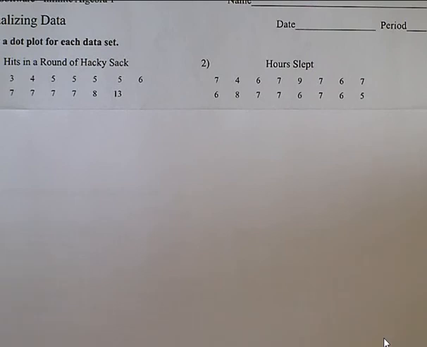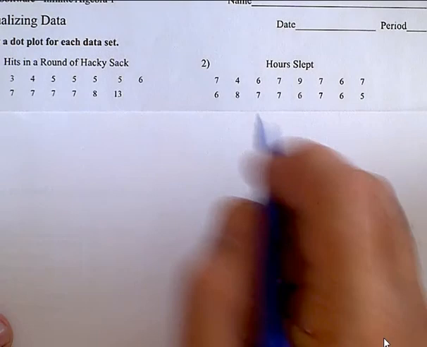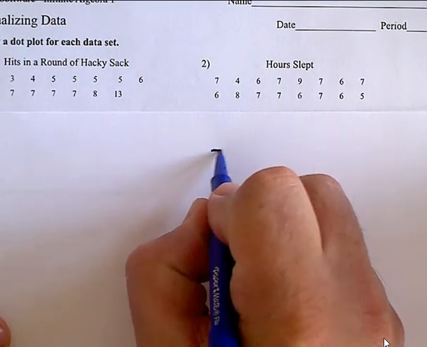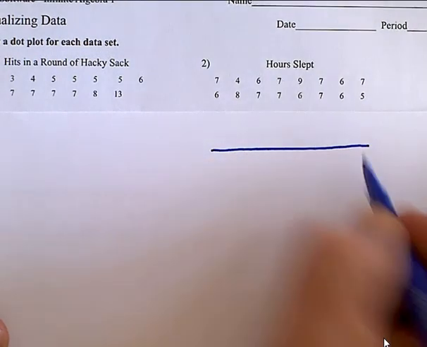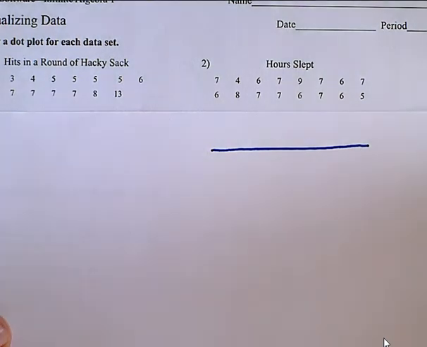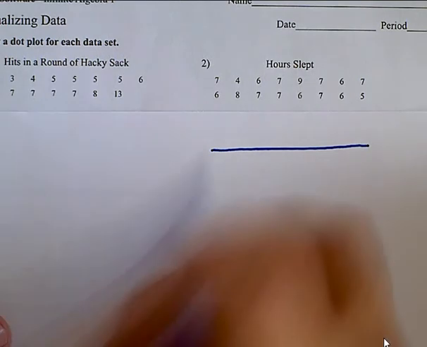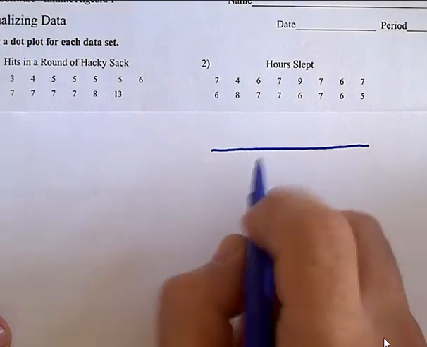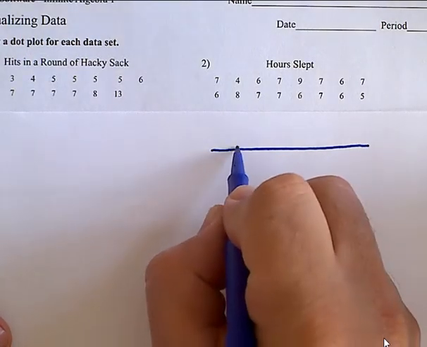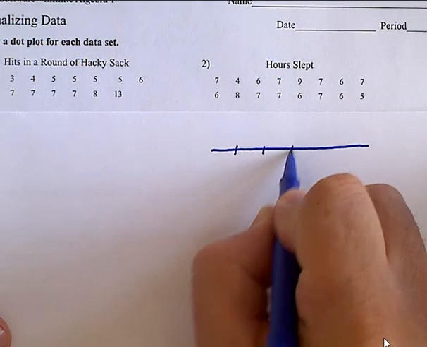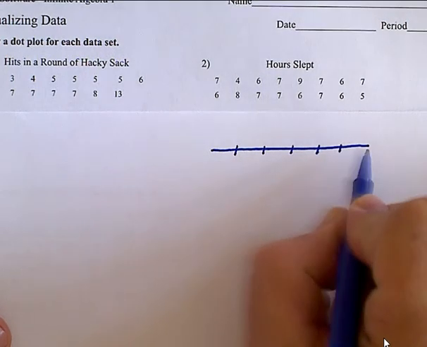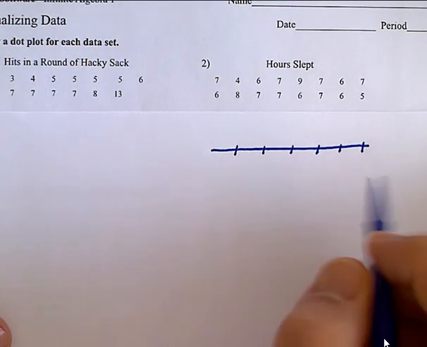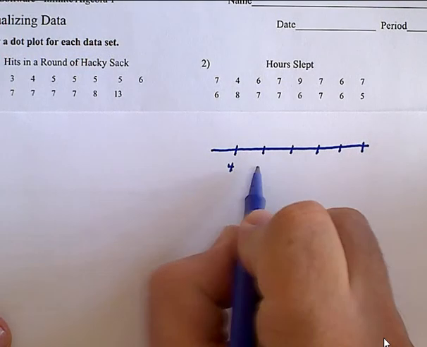So underneath here, I'm going to draw a line, and it looks like the numbers in this data go from the number 4 to the number 9. So I'm going to sketch those out, and I don't know if I left myself much room here. Okay, so 4, 5, 6, 7, 8, 9. Okay, and I'm going to label them underneath.